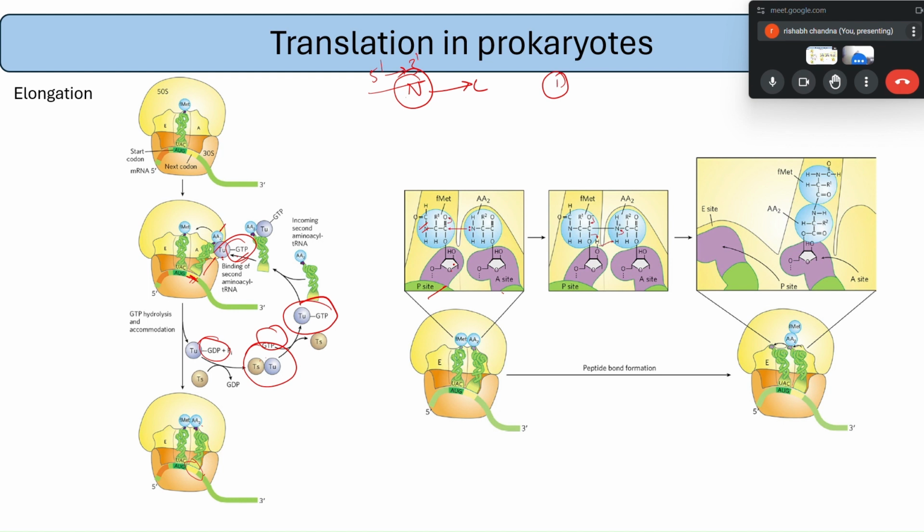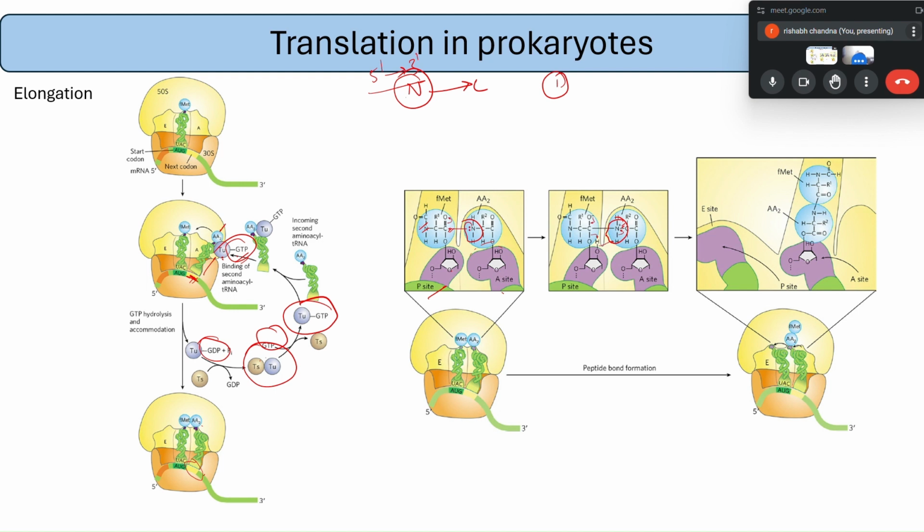There is a carboxyl terminal that is linked to the 3 prime end of the tRNA. Okay. Now the same thing happens with the other tRNA that is bound to the second amino acid. Now here, the N terminal is nucleophilic and favors a nucleophilic attack on the carboxyl carbon, and this nucleophilic attack leads to the generation of an electron deficient nitrogen, so that's why it acquires a positive charge.